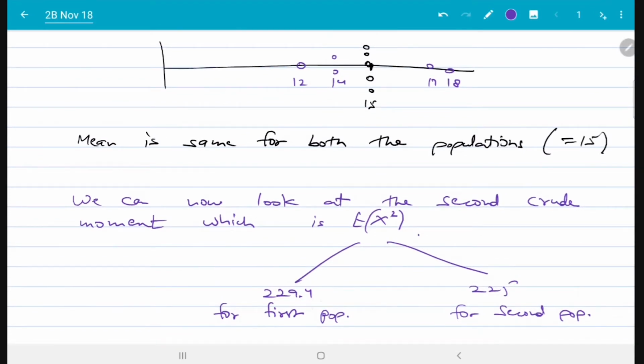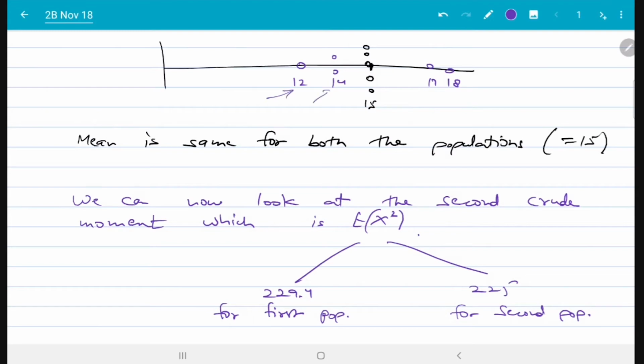Now you can see, or from basic arithmetic we should know, that if the second crude moment is higher, that means the population is more spread out. These values 17 and 18, which are above the average, inflate the second crude moment. If we square them and add them up, that number will be inflated from the larger numbers.